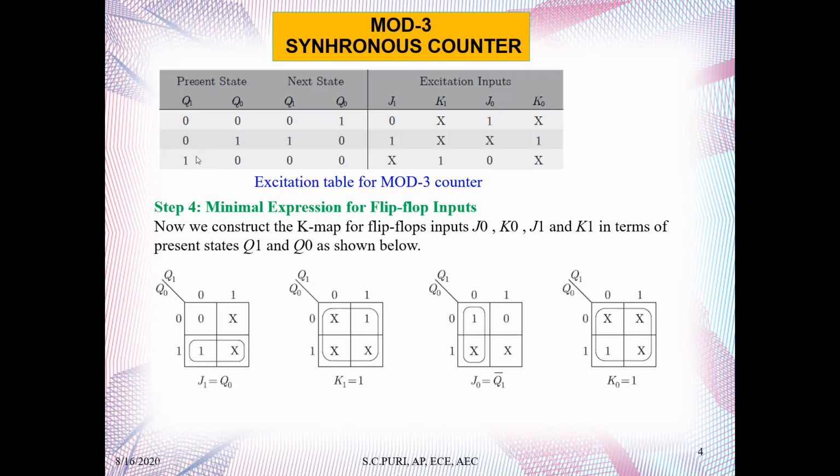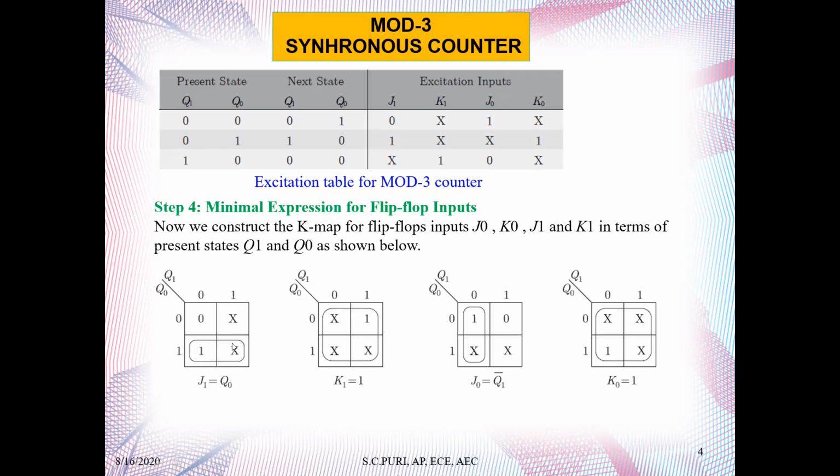Now 1 to 0. In this present state, J1 will be don't care. So Q1, Q0 will be 1 0. For Q1, Q0 1 0, as you can see here, this is don't care.